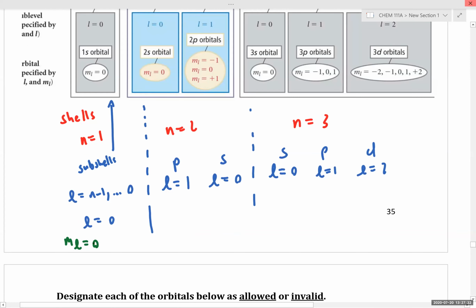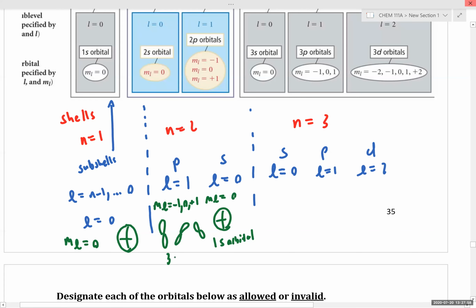So for example, the S orbital has 1 ML value, so we see 1 orbital. The p orbitals, on the other hand, have 3 ML values, and as a result, we observe 3 unique orbitals. So we have 3 p orbitals.